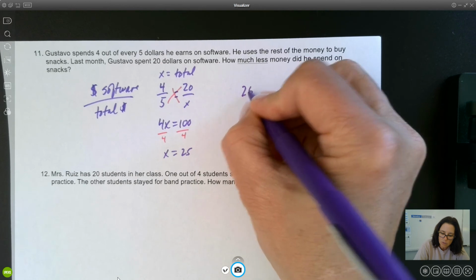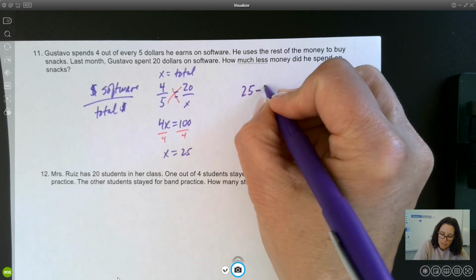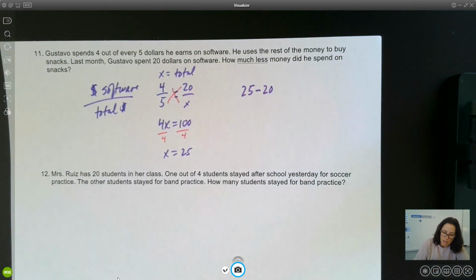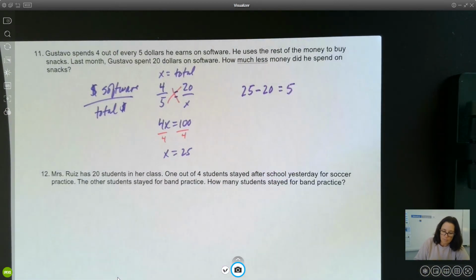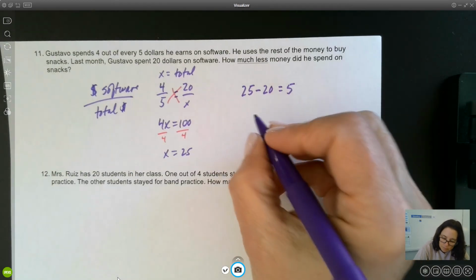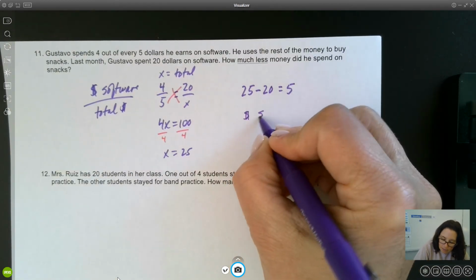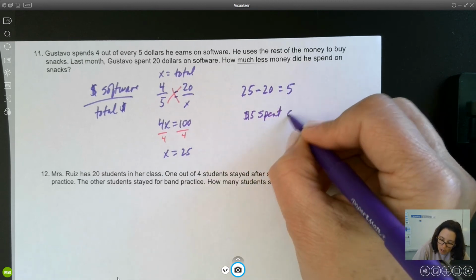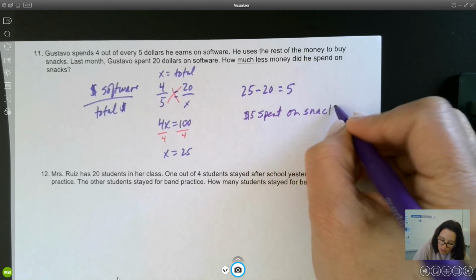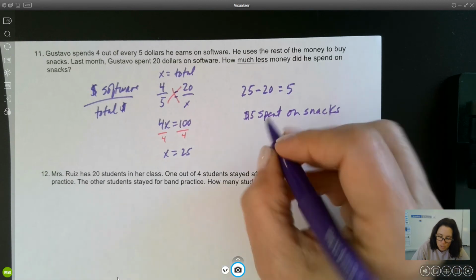So we have to take the total, subtract off the software money, and that gives us 5 for snacks. Okay, so $5 was spent on snacks.